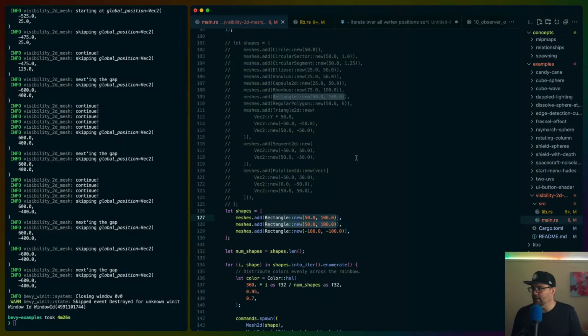We can do convex decomp instead of trimesh. In our case here, it's just going to be rectangles.